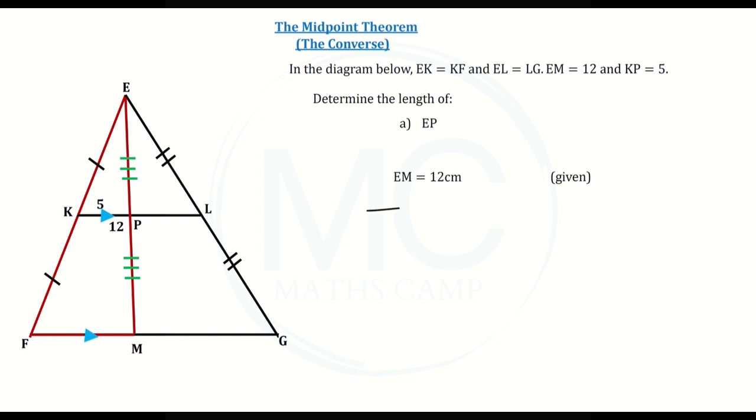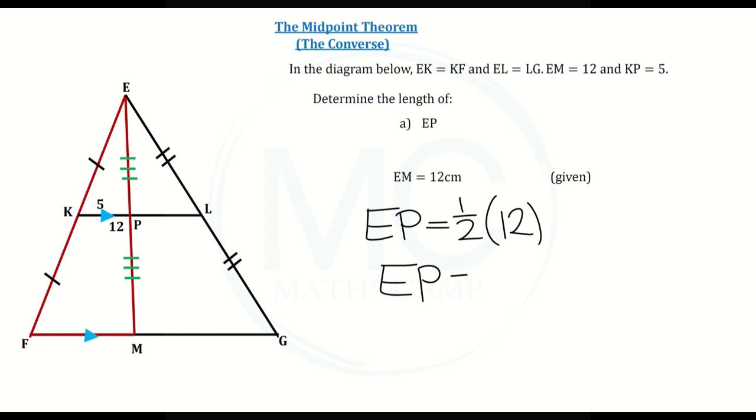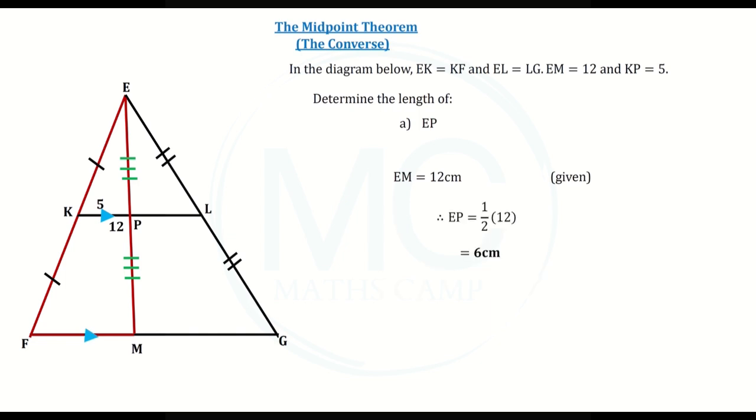So we can now say EP is equal to half the length of EM, which is 12. So EP is equal to 6 centimeters. And now we can move on to part B.